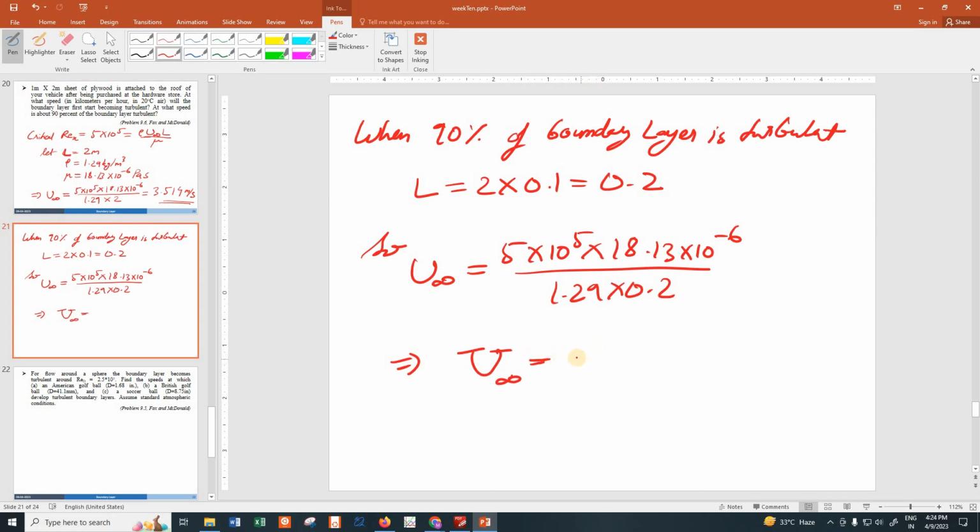So that basically gives 35.14 meter per second.